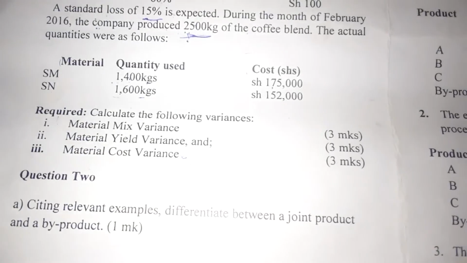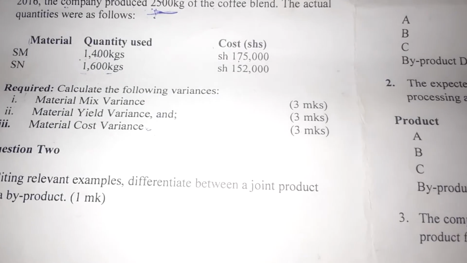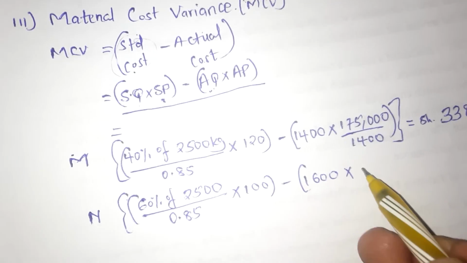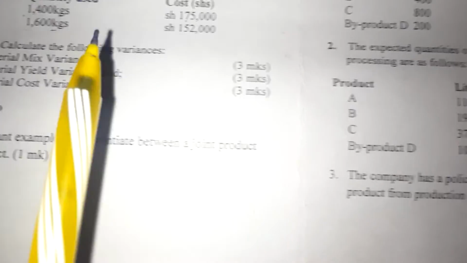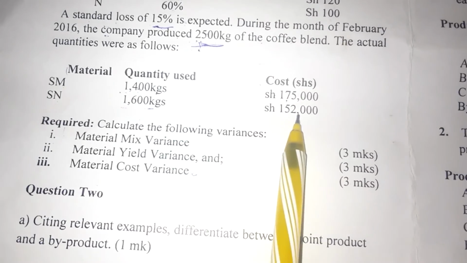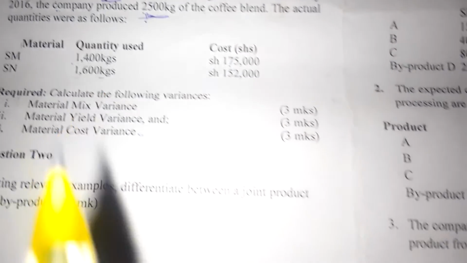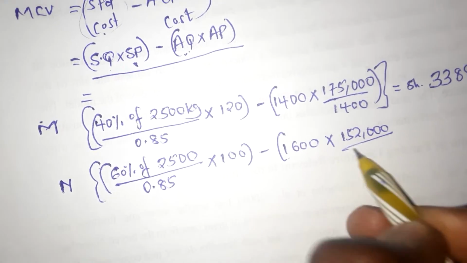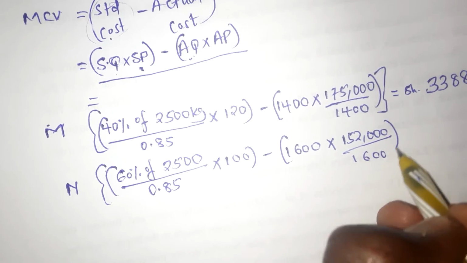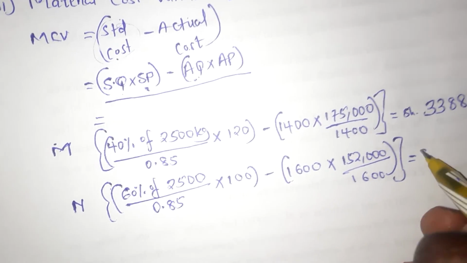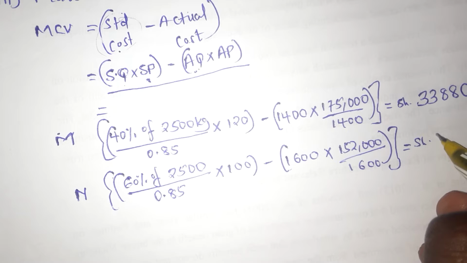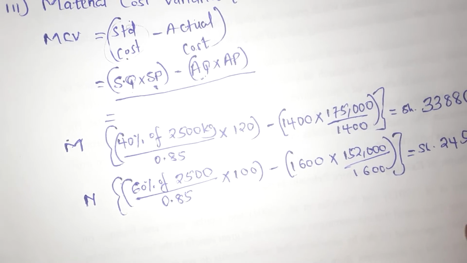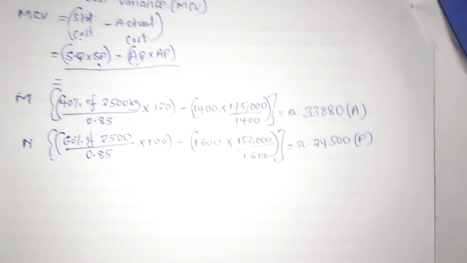The actual quantity was given as 1,600 times the actual price, which will be, you take 152,000 divided by 1,600. So this one, if calculated properly, will give you 24,500, which is favorable.